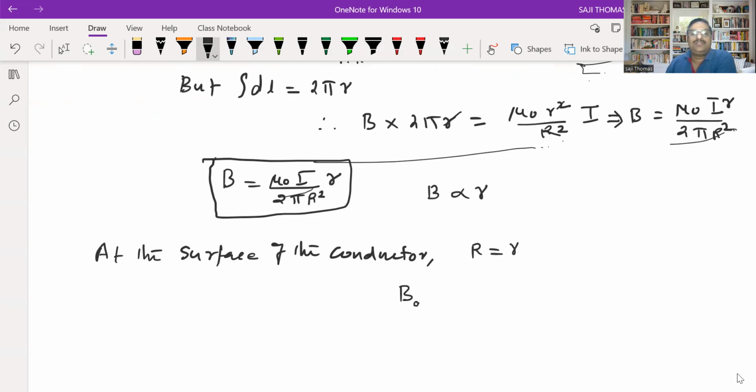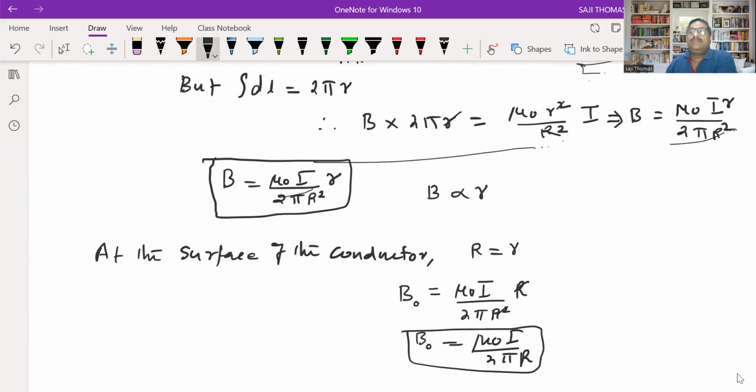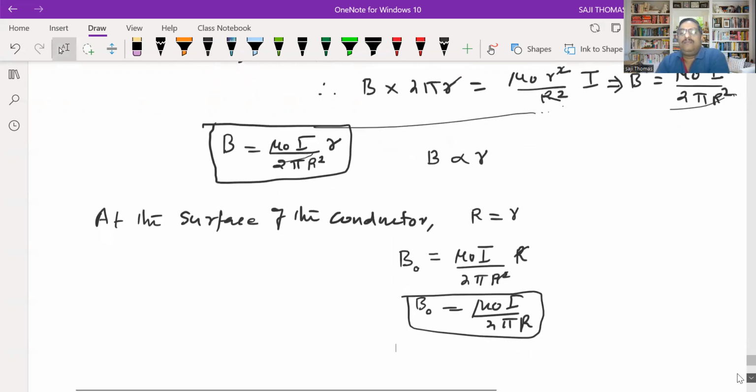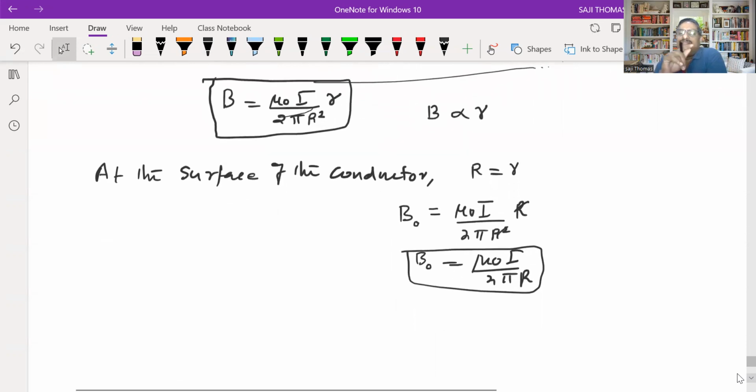I take it as B0, equal to mu 0 I by 2 pi R square into R. This R cancels, and you will get mu 0 I by 2 pi R. This is at the surface. So the magnetic field is maximum at the surface. Magnetic field increases from the center of the conductor till the surface, and then it decreases.